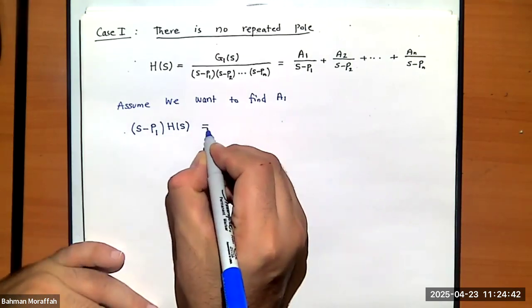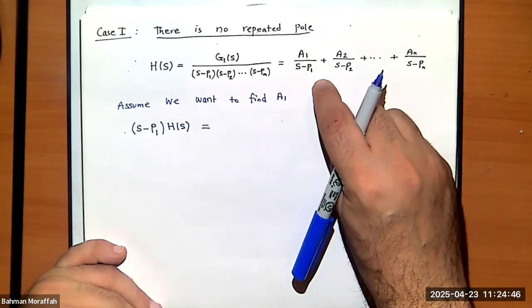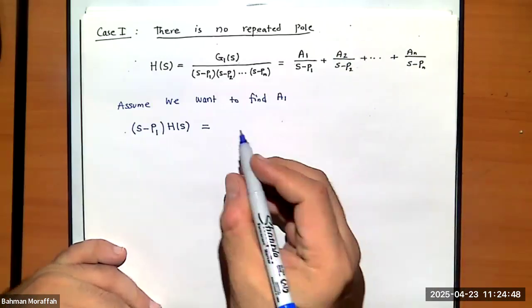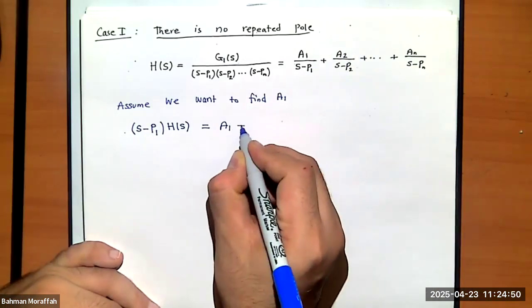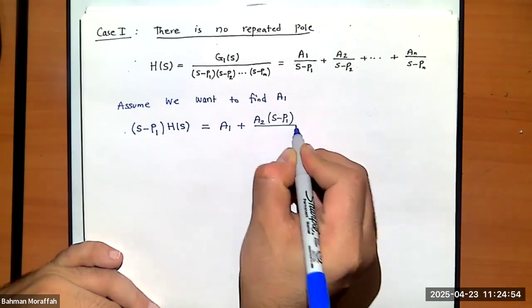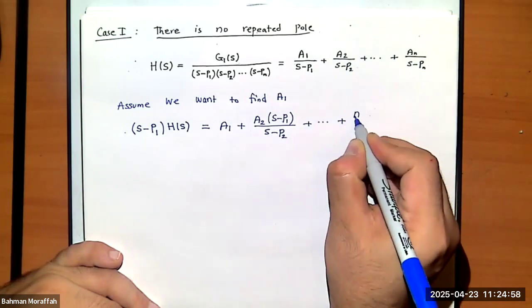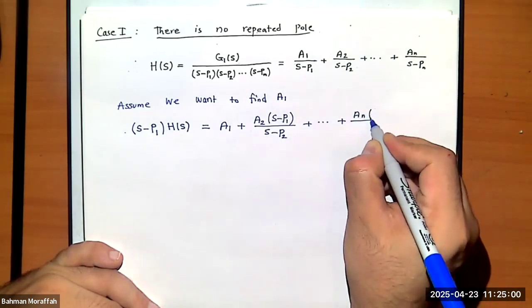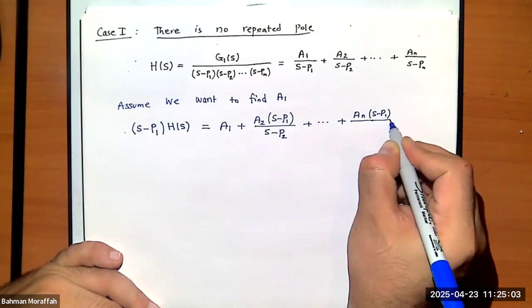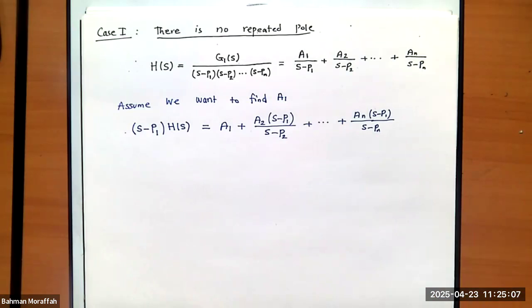Well, on the right-hand side, I have 1 times S minus P1 divided by S minus P1, so they cancel each other out. So I have A1 plus A2 times S minus P1 divided by S minus P2, and so on, up to An times S minus P1 divided by S minus Pn.